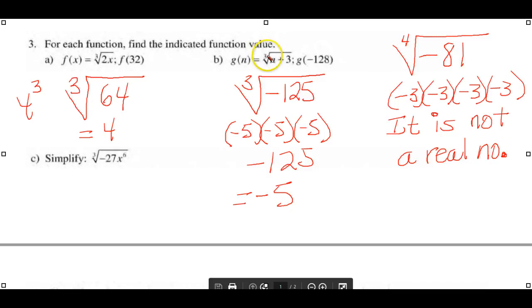So if you have an odd index number, and there is a negative under it, then the answer will be a negative. And for index numbers, odd numbers, we would never use absolute values.